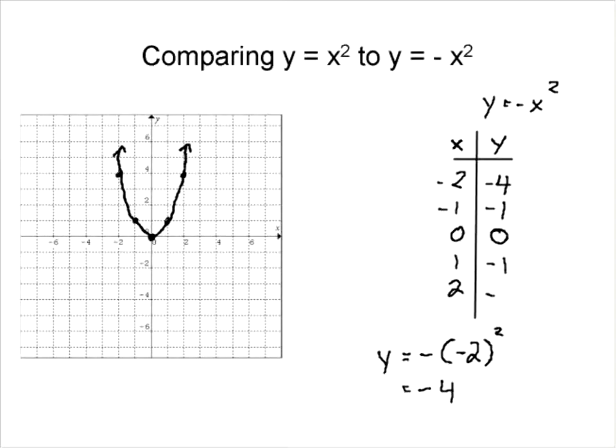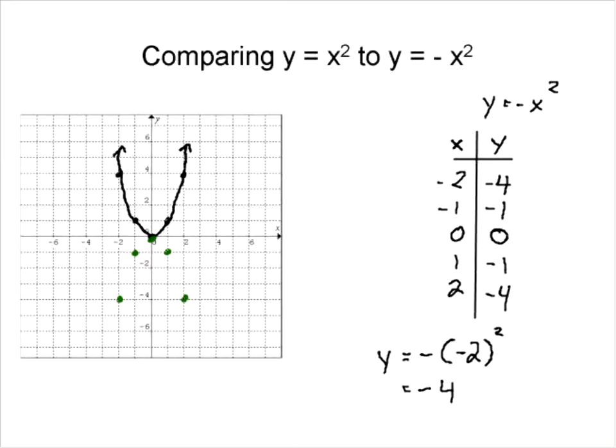And 2 is going to be -4. It's the exact same thing we did before, except now I'm going to plot this in a different color so we can see. When I go to -2, I'm down here at -4. And -1, -1; 0, 0 is the same point; 1, -1; and 2, -4.